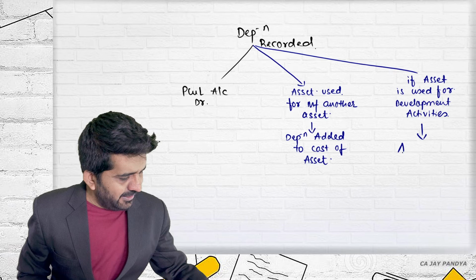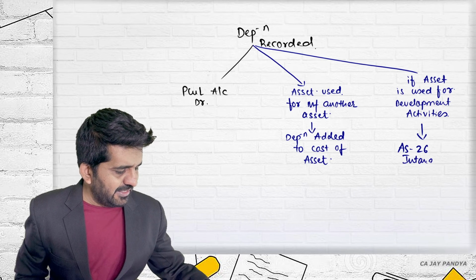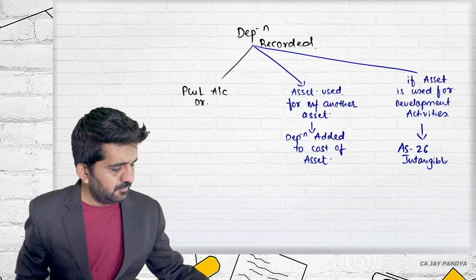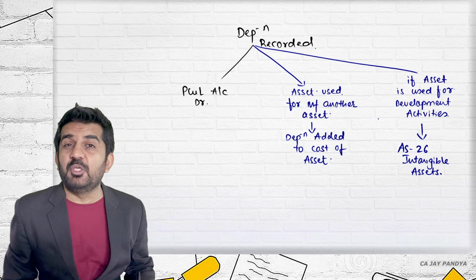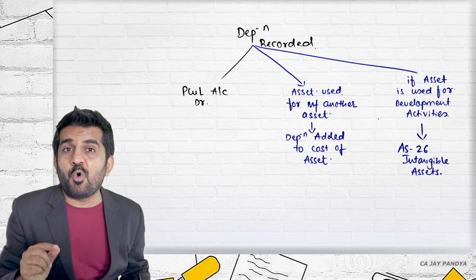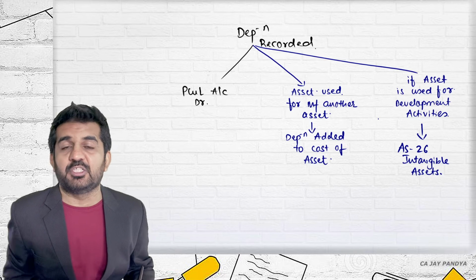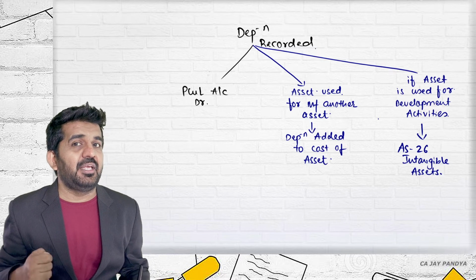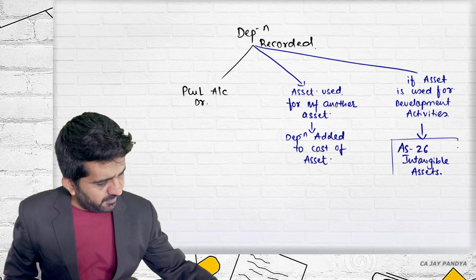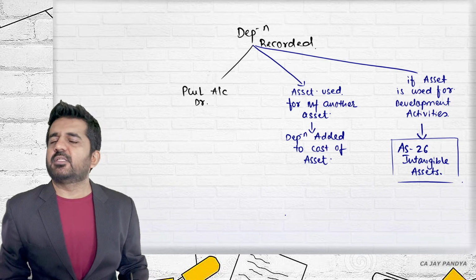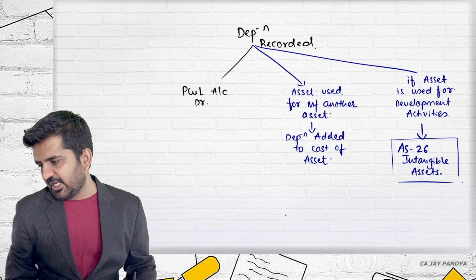All right, then you will be learning AS 26 Intangible Assets. This concept will be utilized, and the cost of depreciation, rather than being debited to profit and loss account, will be debited to some other intangible asset. It will be much clearer when you do AS 26. All right. Right now, it is sufficient that depreciation is debited to the P&L account.